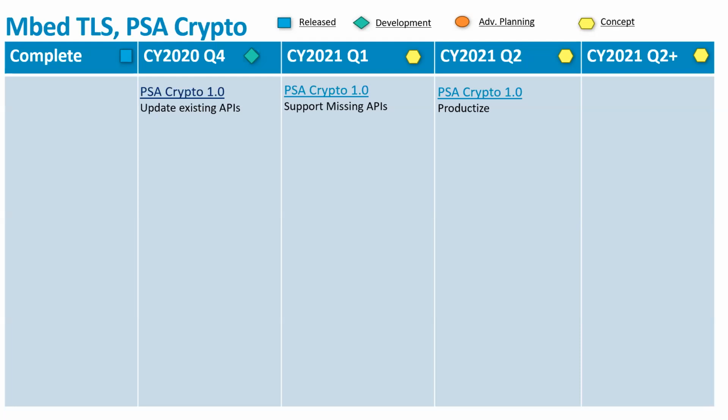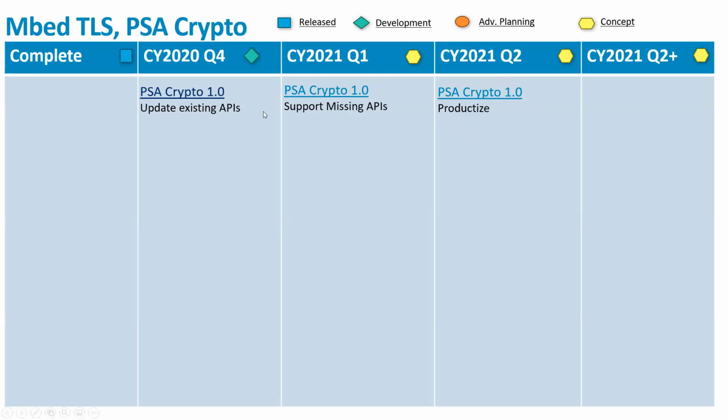I think Stephen also touched on that. So there is a piece of productization work around these PSA crypto APIs to clean up the code, with the PSA crypto APIs using the low-level functions directly rather than being a wrapper over the legacy APIs. That's what we want to get started sometime in 2021 to make the code a bit smaller and more efficient rather than having multiple levels of interaction.